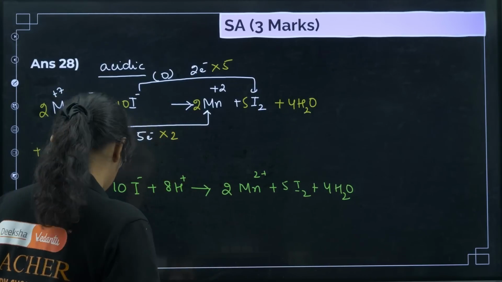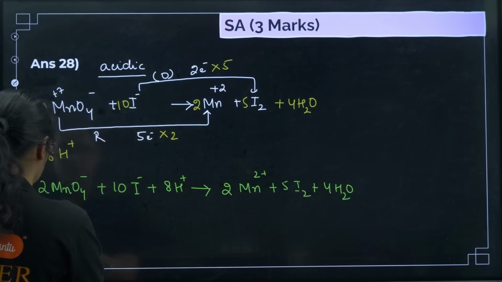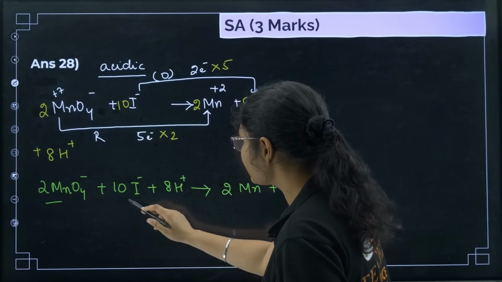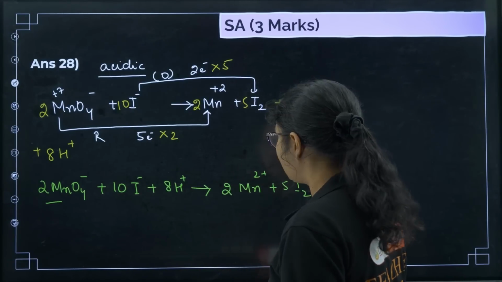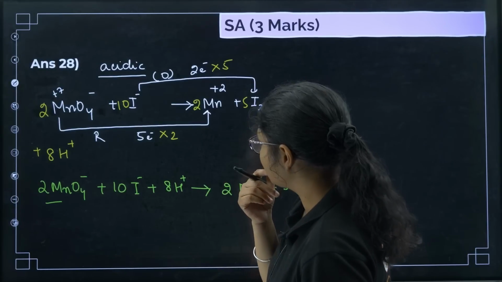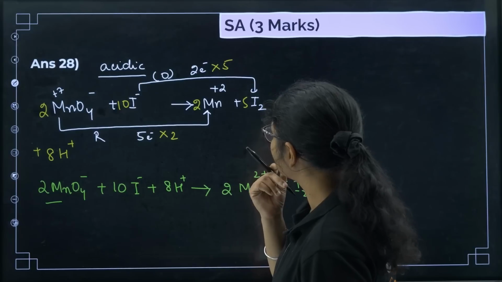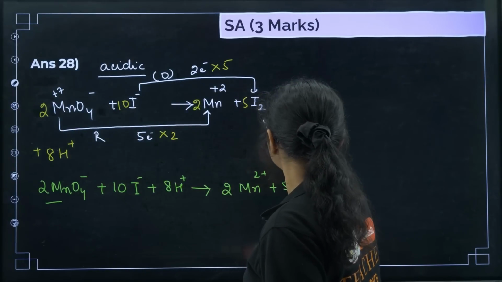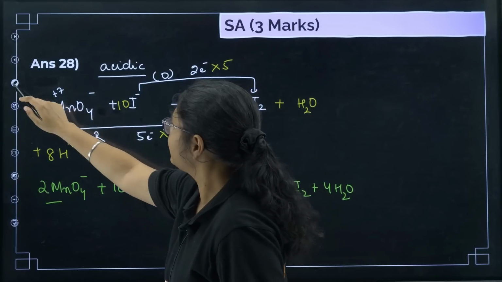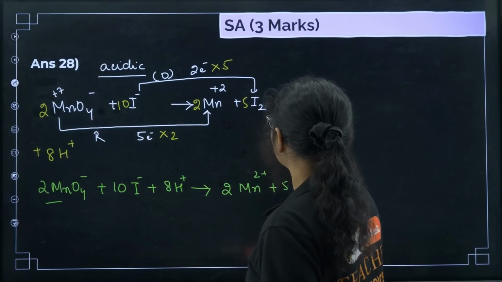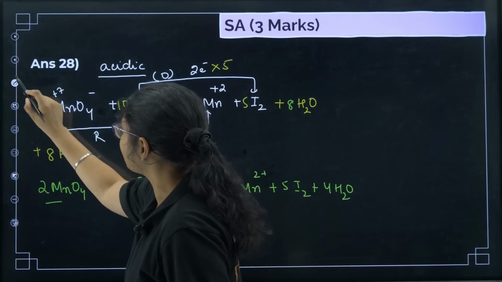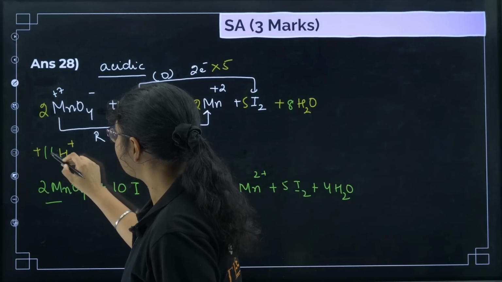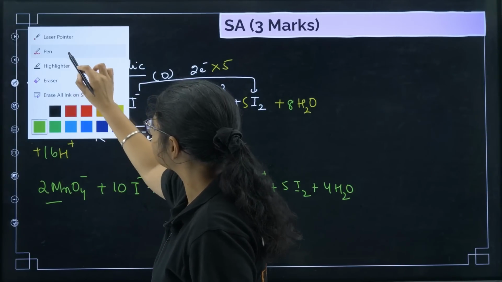Let's just see if everything is balanced here or not. 2Mn, is it balanced? Manganese atoms are balanced. Then I have 8 oxygen. Oxygen, okay, so here I made a mistake. So it was 8 oxygen, right? So I have to add 8 water. Then I have to add here 16H plus, right? So this has to be 16H plus. So here also I will change.